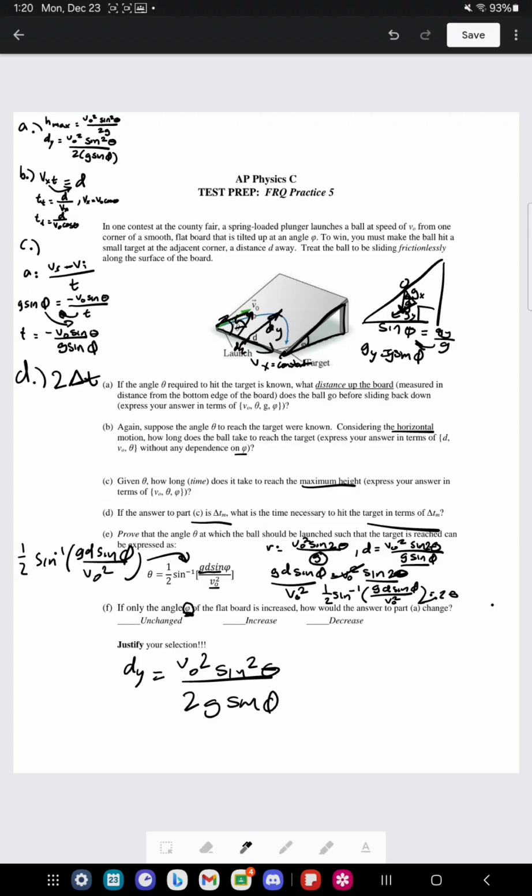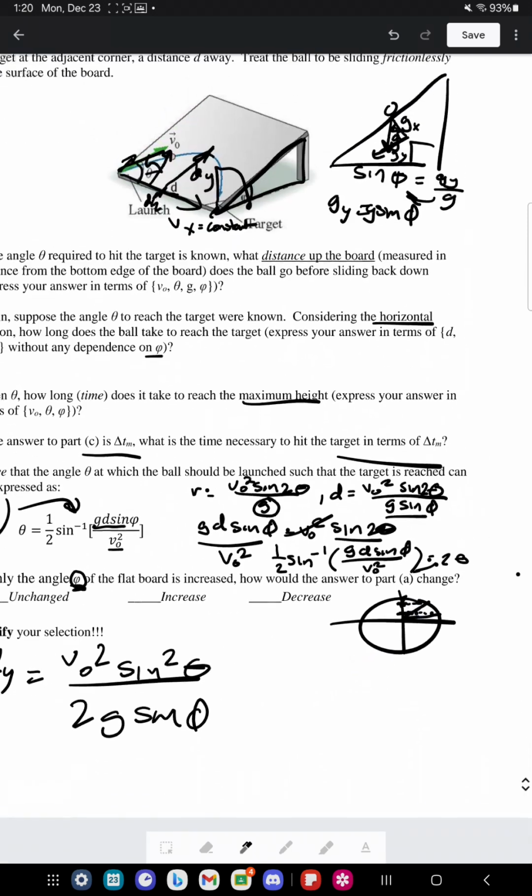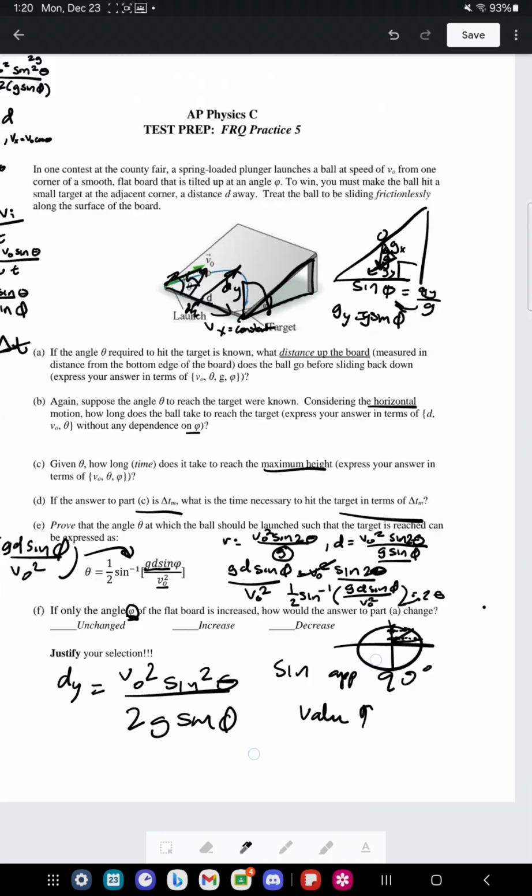Since we know the angle is from 0 to 90, on the unit circle with sine theta as the y-axis, if the angle is small, the y value is small, and if it's bigger, the y value is bigger, so as the angle approaches 90 degrees, its sine value will increase.